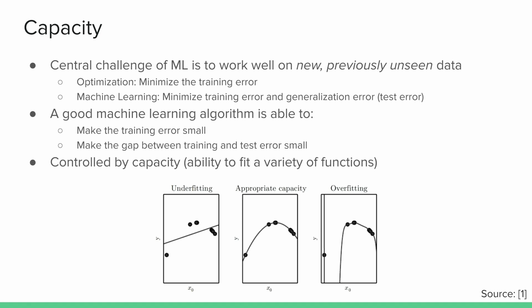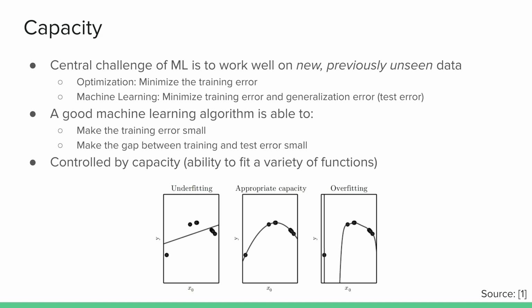As you can see in this example, you can have underfitting when your model has too low a capacity, where it can only predict a line, but our data is not coming from a distribution of a single line. So this will be underfitting. We can also have overfitting.